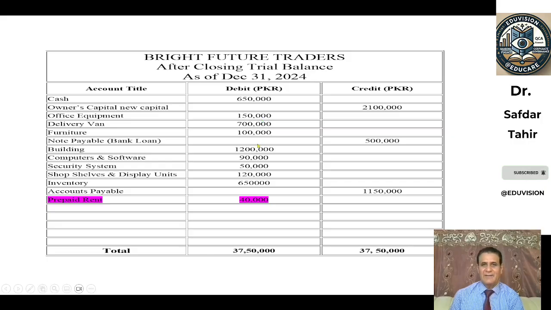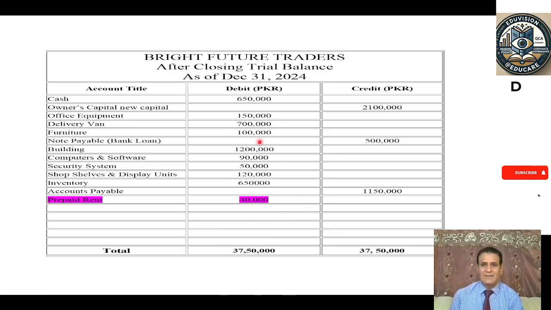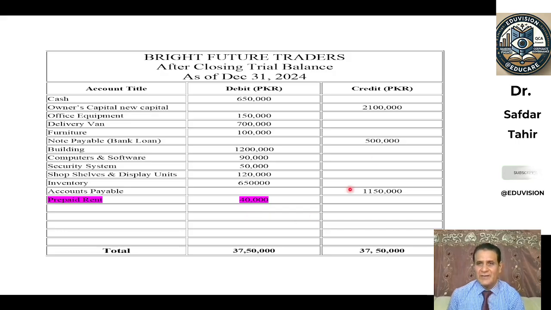All the rest remain the same. The other balances are 7 lakh, 1 lakh, 12 lakh, 90,000, 50,000, and this is the prepaid rent. This is not expired so far. It is also an asset, so its balance is 40,000.